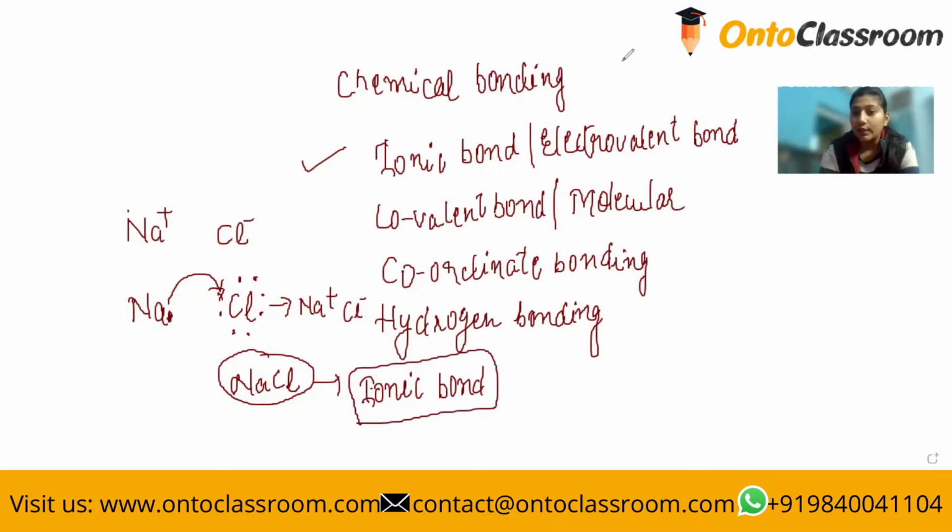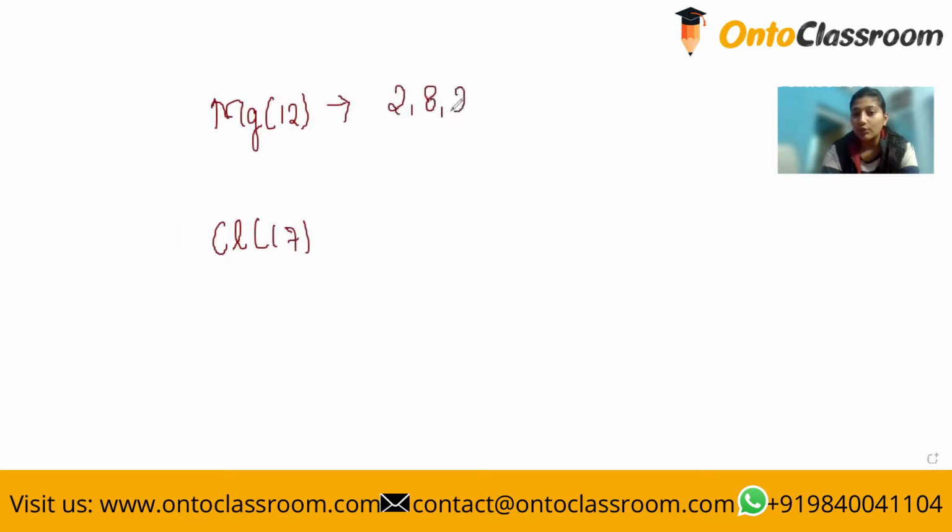Just like NaCl, we can form different kinds of bonds. Let's take another example of magnesium and chlorine. Magnesium has an atomic number of 12 and chlorine has an atomic number of 17. Magnesium is 2, 8, 2.